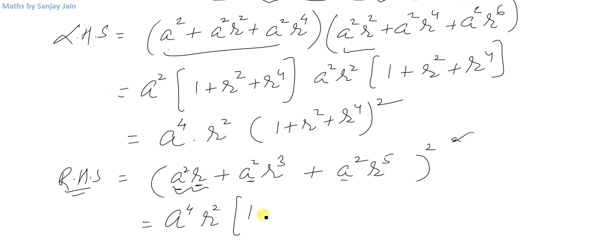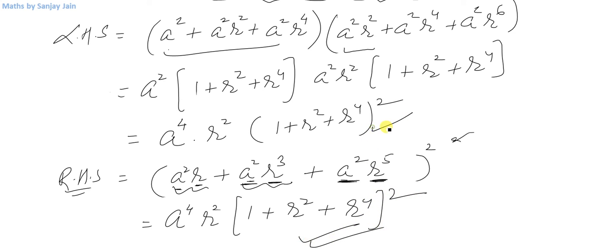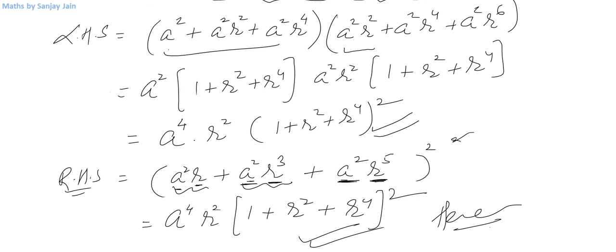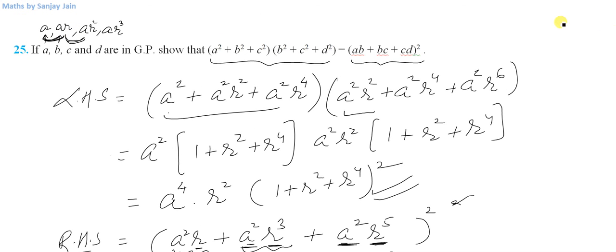It will be 1. a squared I have taken outside, r I have taken outside, so r squared will be left in the second term. a squared I have taken outside, r from this I have taken outside, r^4 will remain here, squared, which is nothing but my left hand side. Hence the given relation is proved. I hope you would have enjoyed these questions. The rest of the questions we will do in the next lecture.